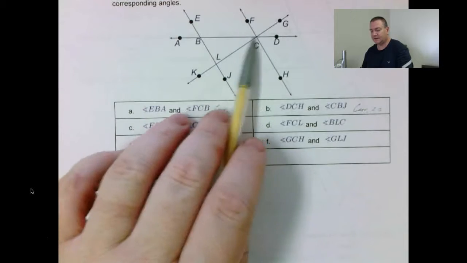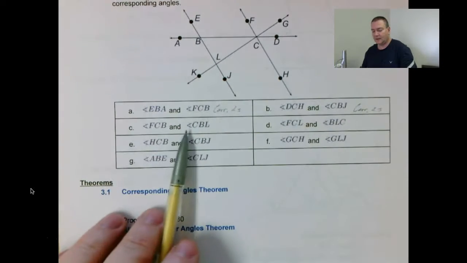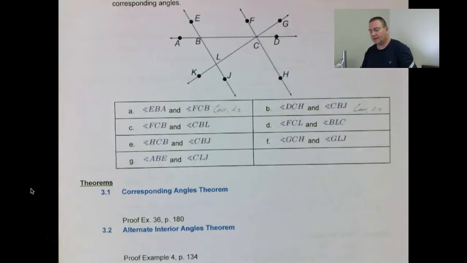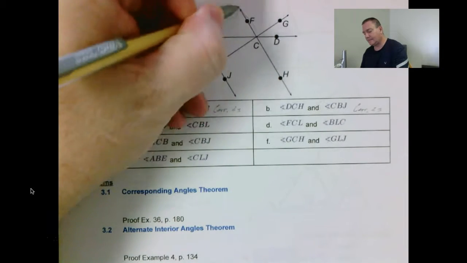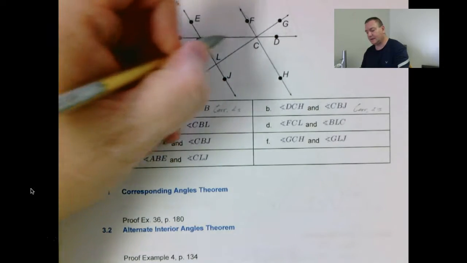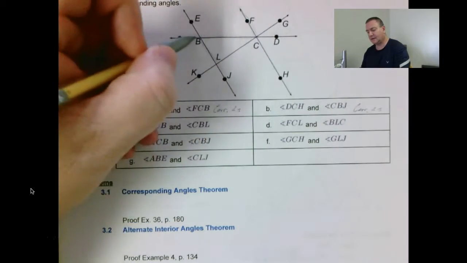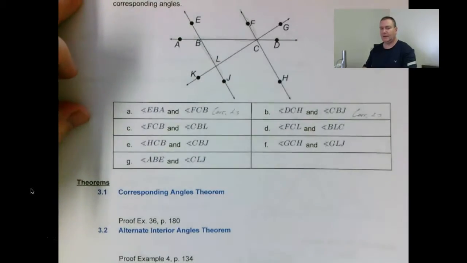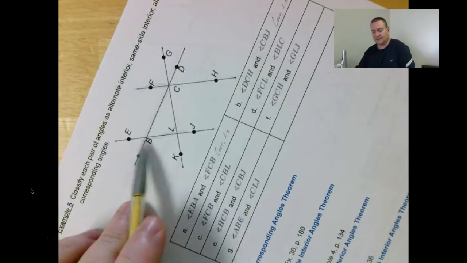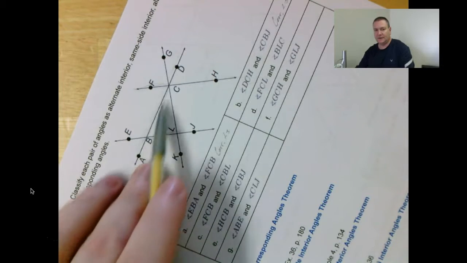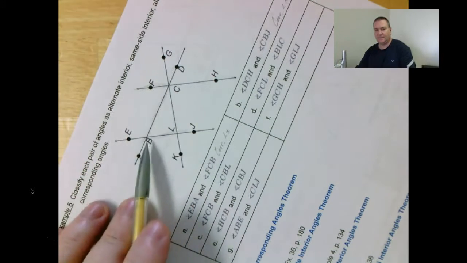FCB and CBL. This is one of my favorites. Types of pairs. And I'm tracing it out lightly because I'm going to erase it in a second. Because they make a Z-like shape. When you look at the two angles, they make a Z-like shape.